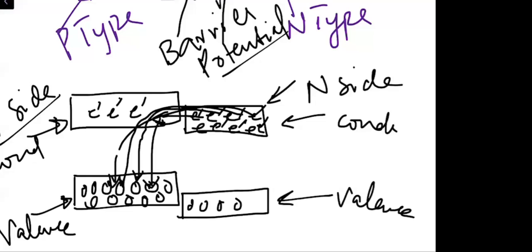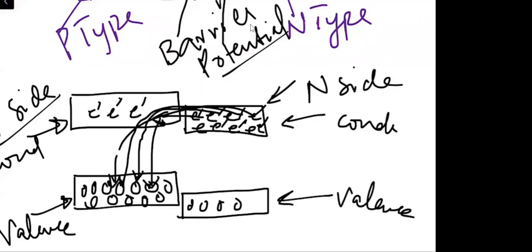Now, as the high energy free electrons on the n side move towards the p side, they lose the high energy carriers in the conduction band on the n side.